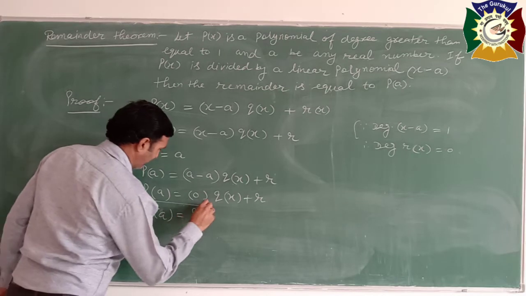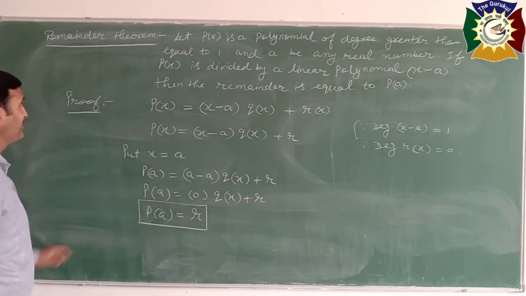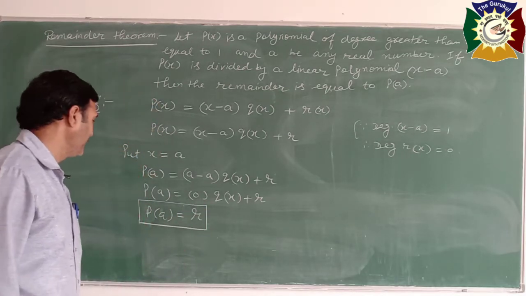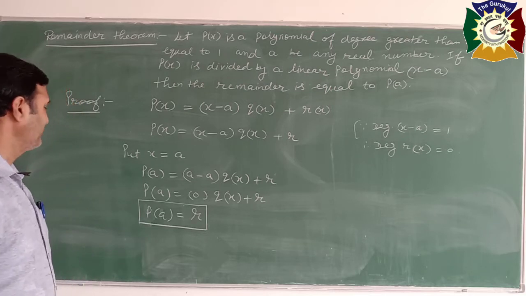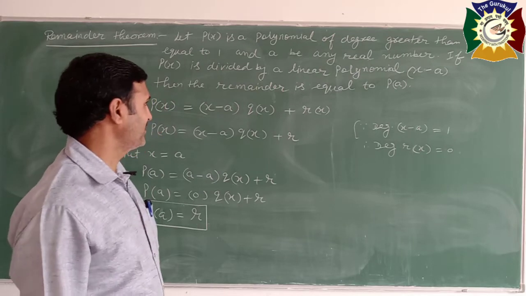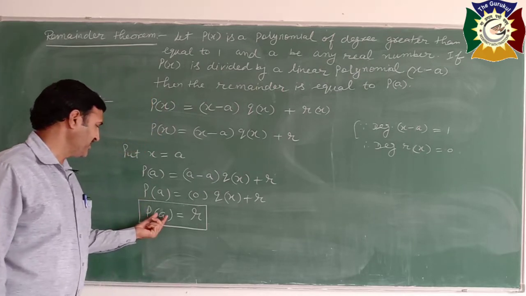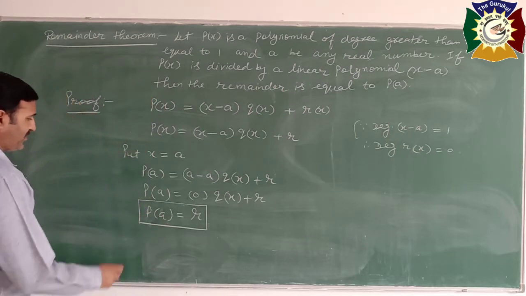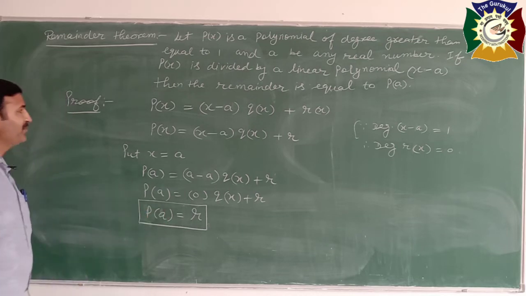Hence, as it is given in the statement of the remainder theorem, if any polynomial is divided by the linear polynomial x minus a, then we can directly find the remainder on putting a for x. So this is the proof of this theorem.